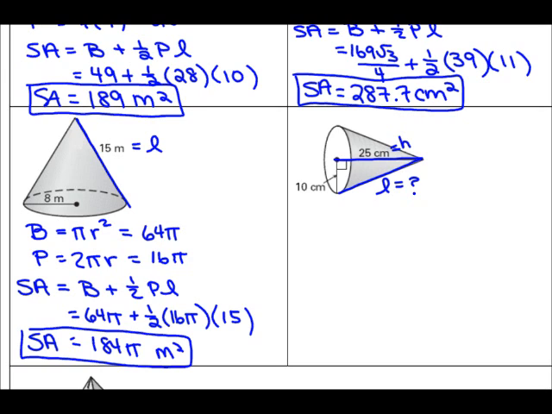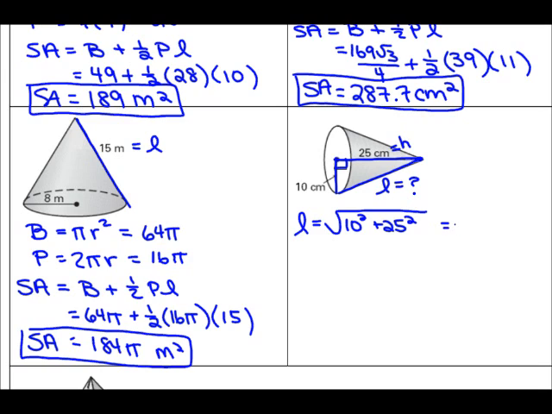Okay, well, regular height goes from your vertex of your cone and it drops down perpendicular to your base. So guess what? Right triangle. We can use Pythagorean to solve for our slant height. Okay, so that's what we want to do first. Go ahead and get slant height. Slant height is going to be equal to the square root of 10 squared plus 25 squared.